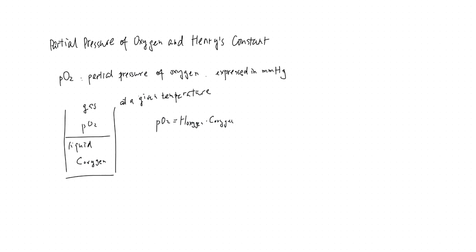So this PO2 is partial pressure in the gas phase. This is Henry's constant.